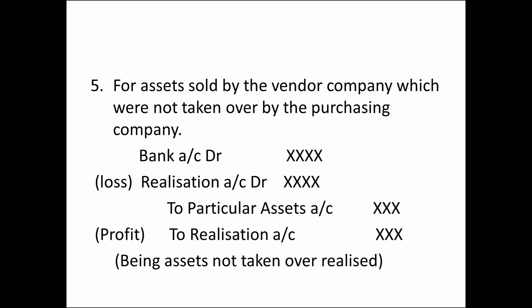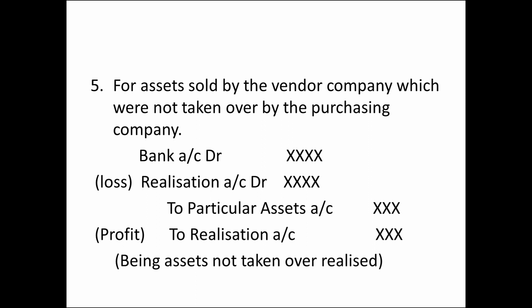Then, for example, there are 14 assets in your balance sheet, that is, the selling company's balance sheet. Only 8 assets are taken over. The remaining assets are not taken over by the purchasing company. In that case, the selling company has to realize by itself the assets which have not been taken over.